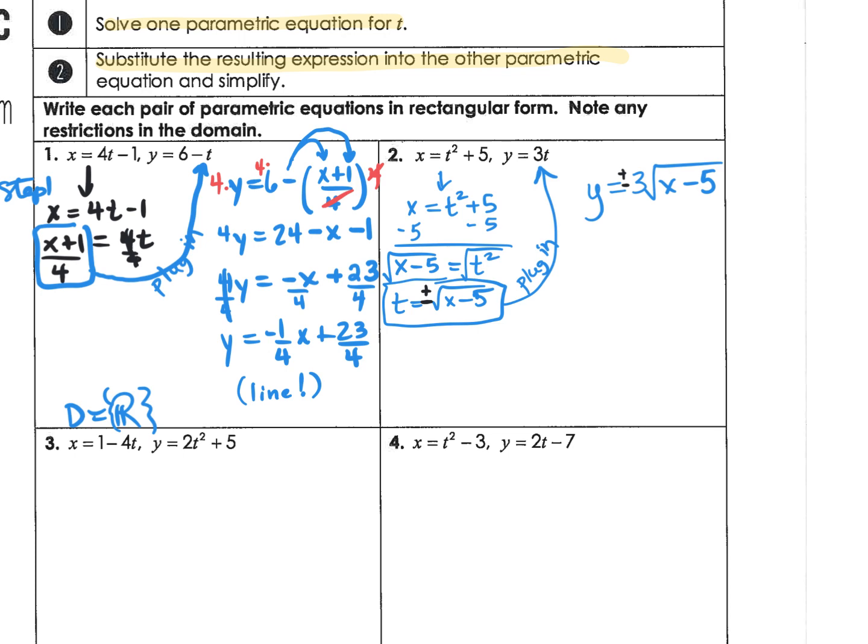What is the domain restriction here? Is it a hole? Does it have a hole? I don't know. I just know. Here's the cool thing.